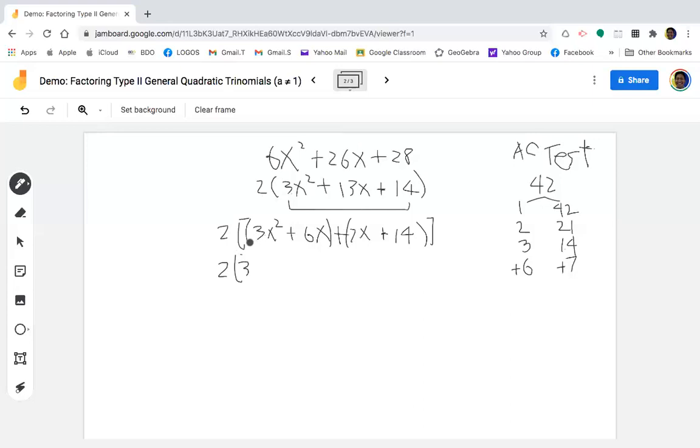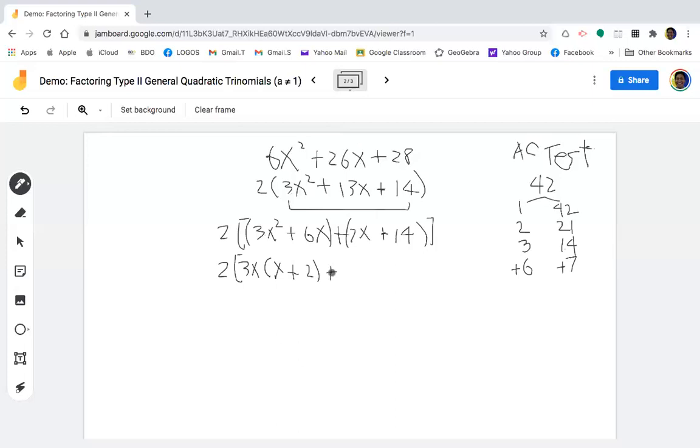We're factoring out from the first pair of terms 3x. And then we rewrite the two terms as x plus 6 divided by 3 is 2. The x is already out, so that's taken care of.